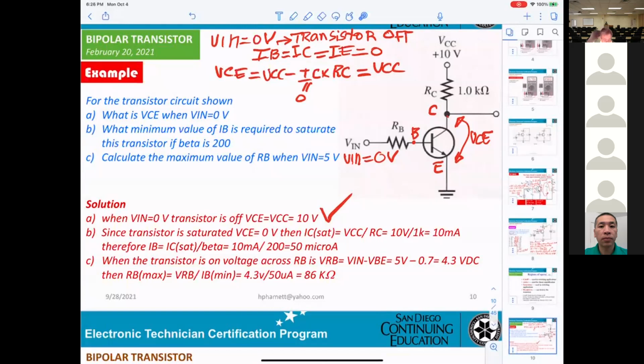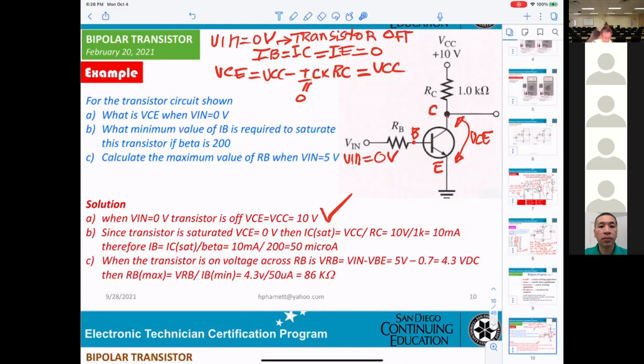We suppose they are already saturated. That will be telling you VCE equals 0. Okay, then you can calculate the current IC saturation. Take VCC divided by RC, you get 10 milliamp.